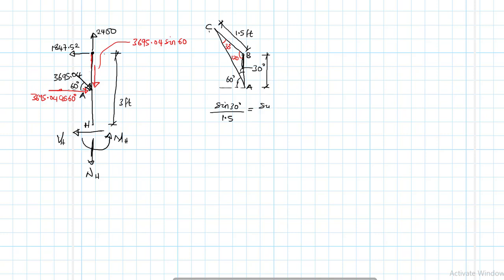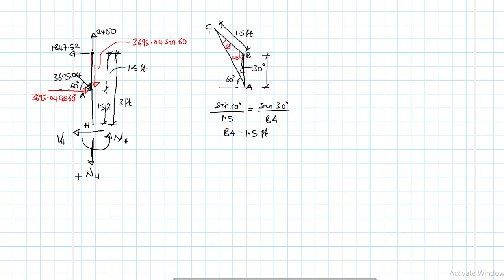I mean sine 30 divided by BA. So BA is equal to 1.5 feet. So this one is equal to 1.5 feet. This is 1.5 feet. Okay, and so is this one there.